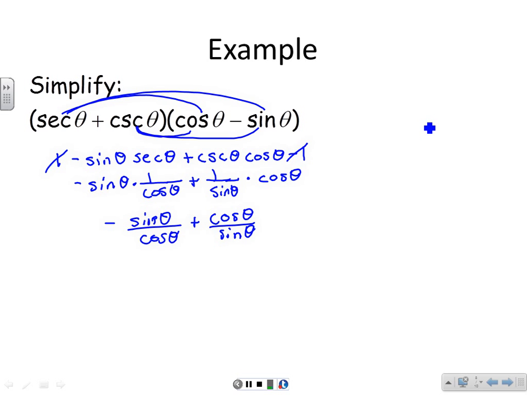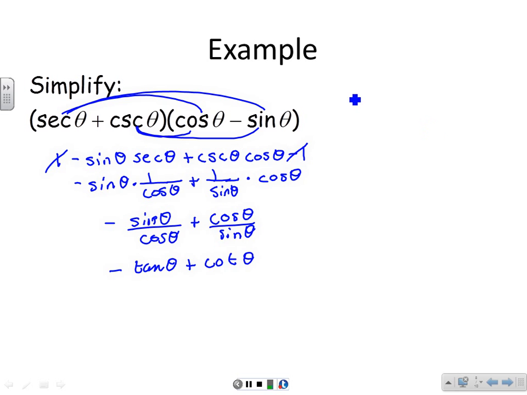And then if you want to get a common denominator, you can, but what I would like to do is go ahead and turn this into minus tangent theta plus cotangent theta.